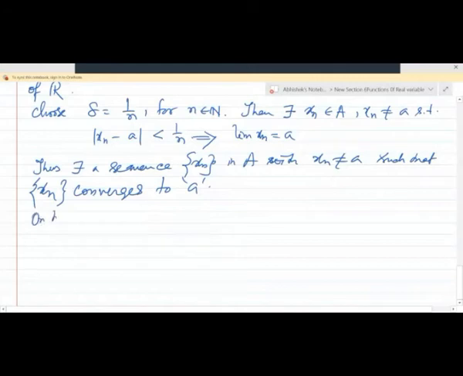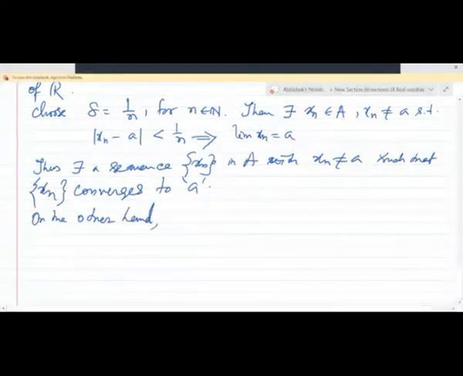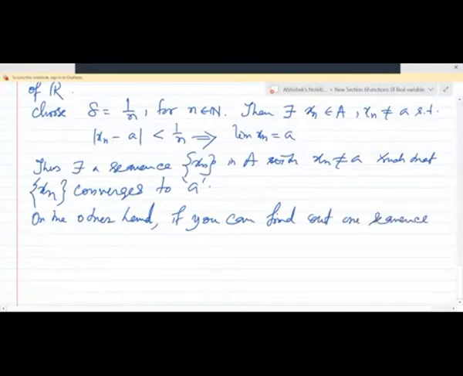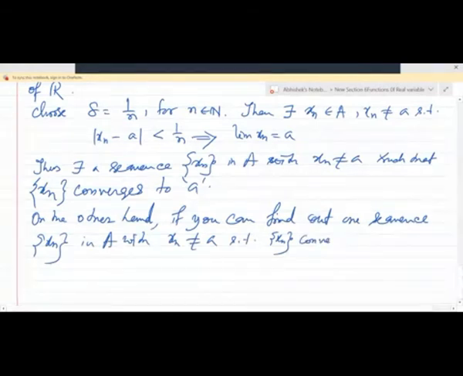In a similar way, on the other hand, if you can find one sequence xn in capital A with xn not equal to a such that the sequence xn converges to small a, then what can you say about this small a?